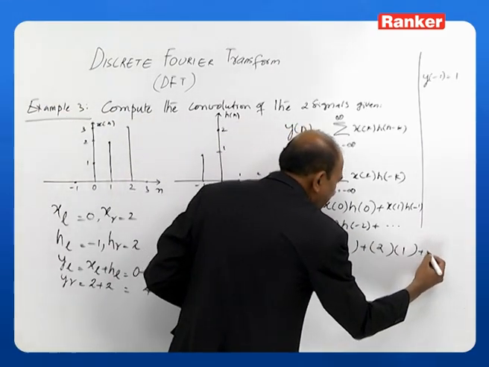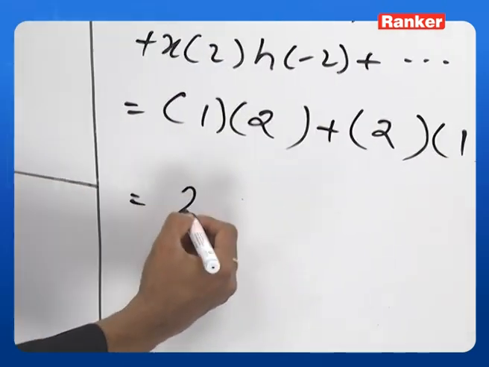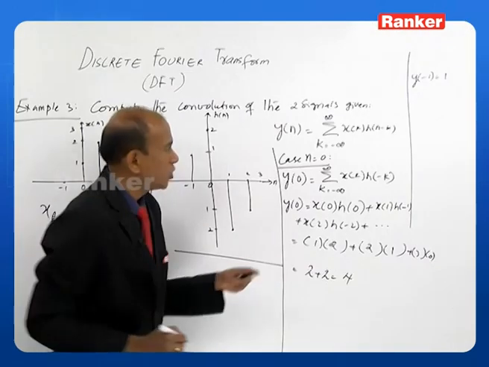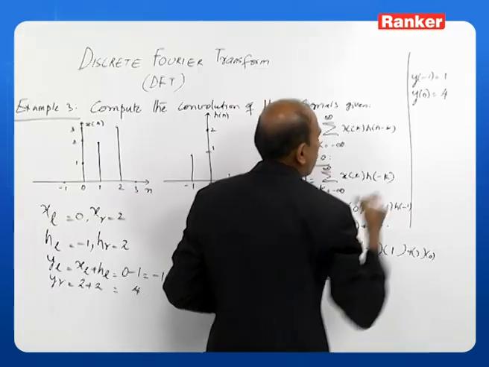So, this will be 3 into 0. So, what I get is 2 plus 2, that is equal to 4. So, y of 0 is equal to 4.